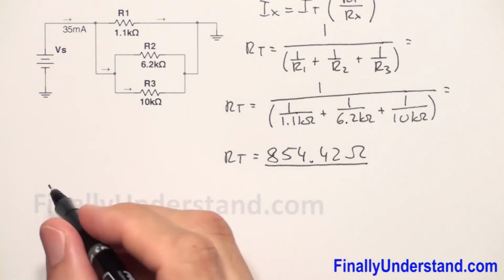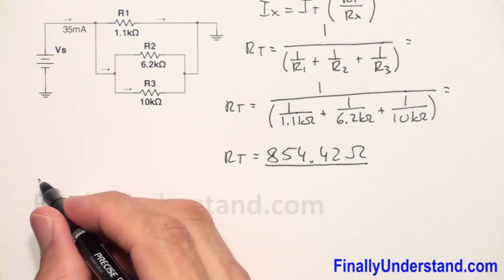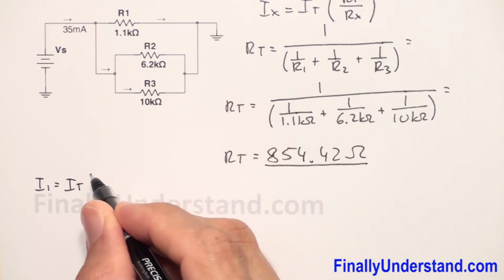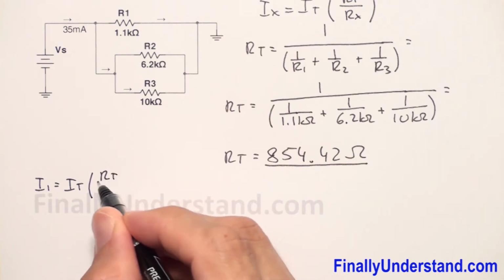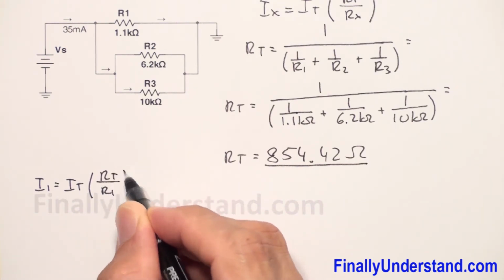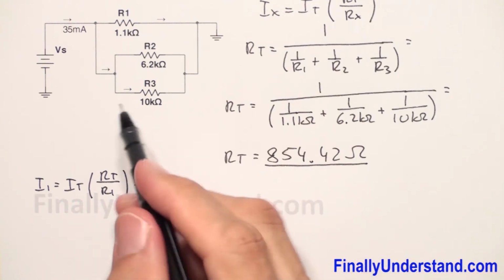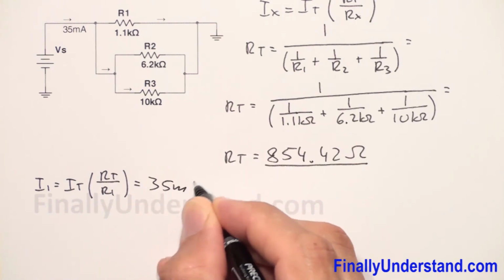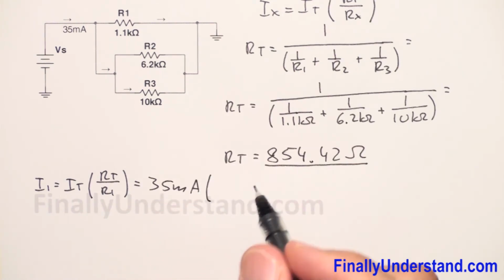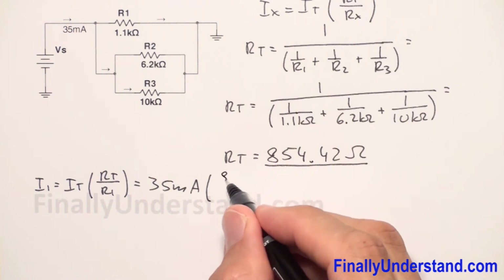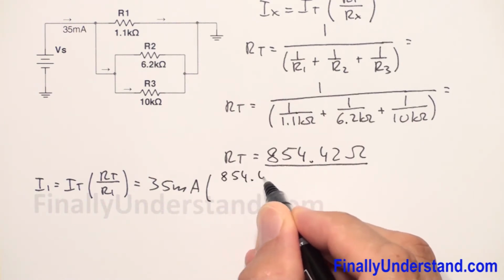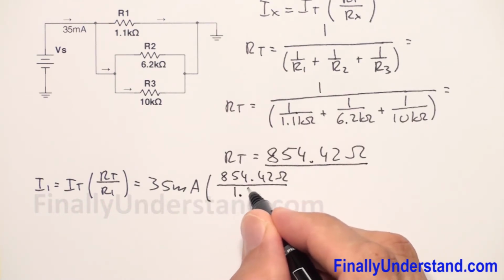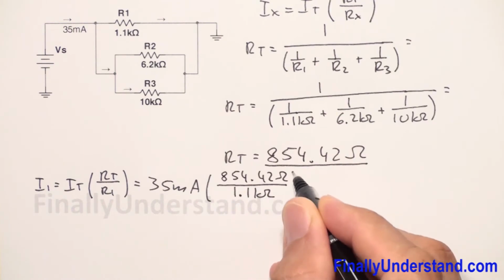Let me write this down over here. I1 is equal to I total times R total over R1. I total is equal to 35 milliamps times R total, 854.42 ohms, divided by R1, which is equal to 1.1 kilo ohms.